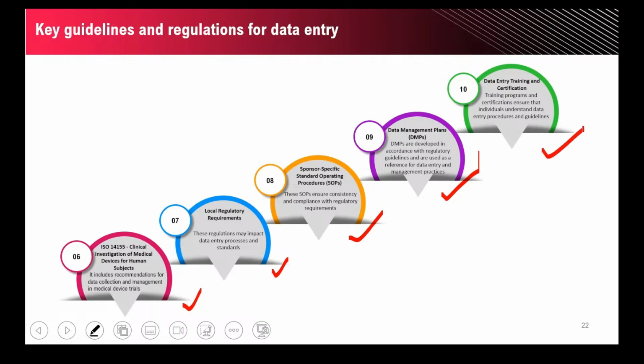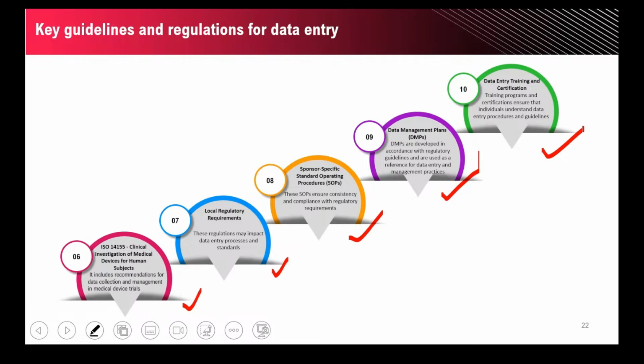There has to be data entry training and certification. Regulatory agencies will often require that personnel involved in data entry are adequately trained and certified for their roles. There are training programs and certifications which ensure that individuals understand the guidelines and the procedures.